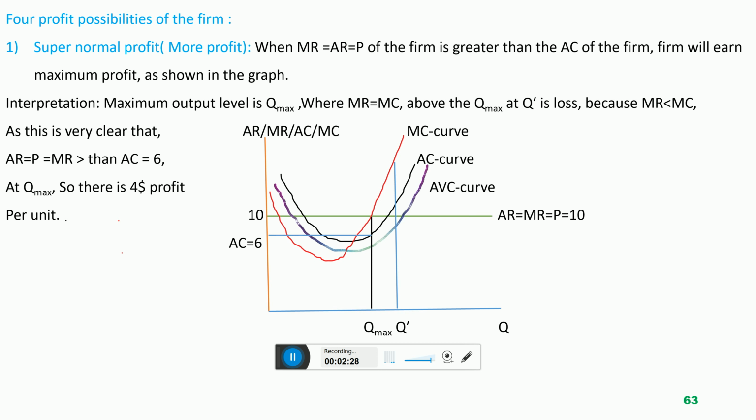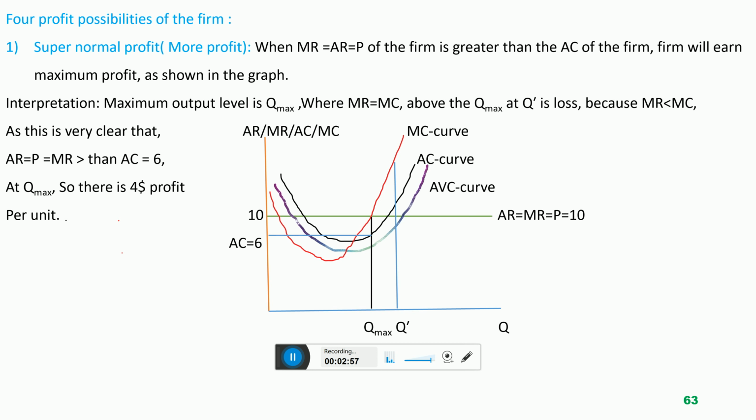And in this first situation, where the company is earning supernormal profit, average revenue will be greater than average cost. This is the condition for the supernormal profit.